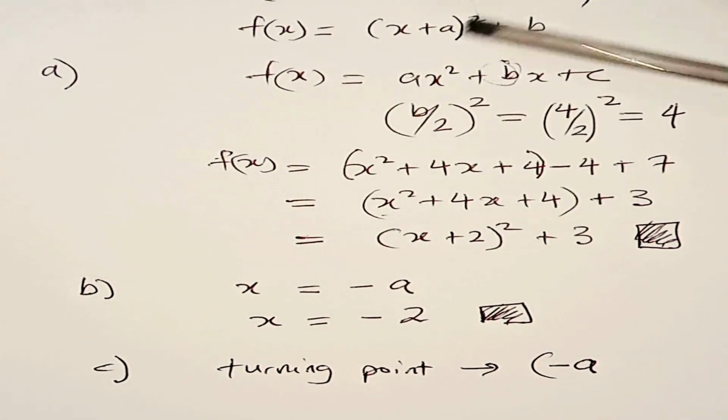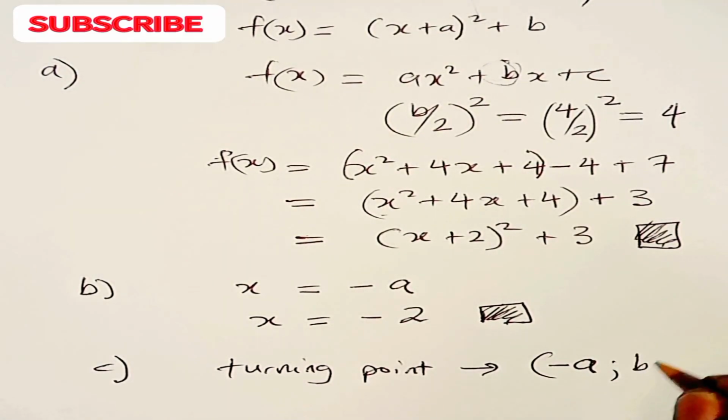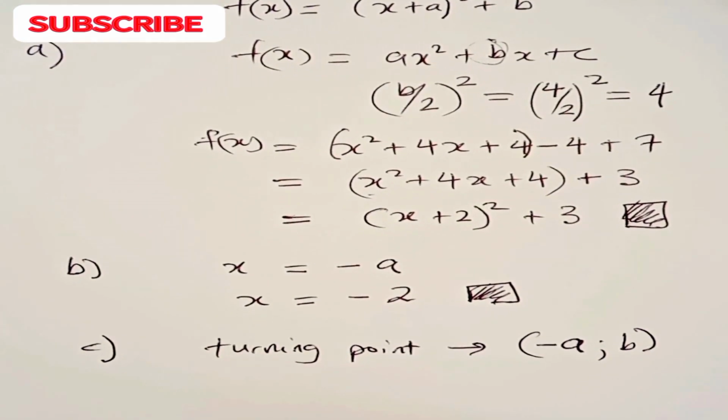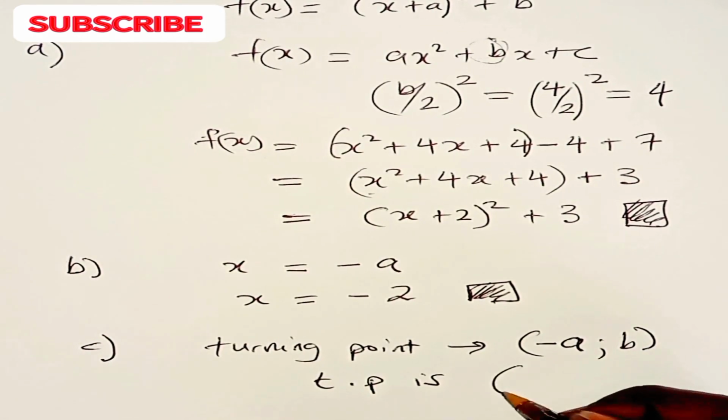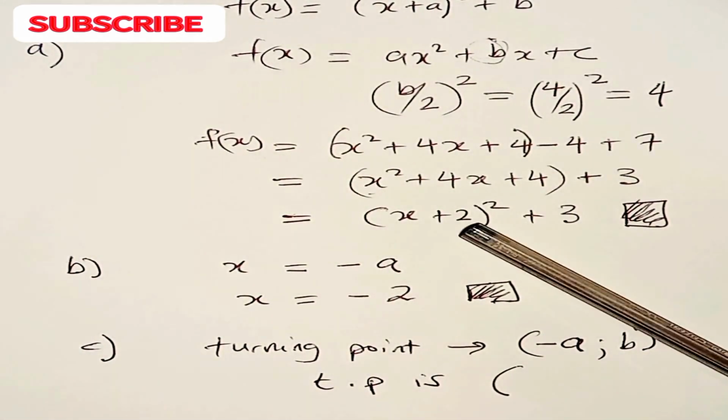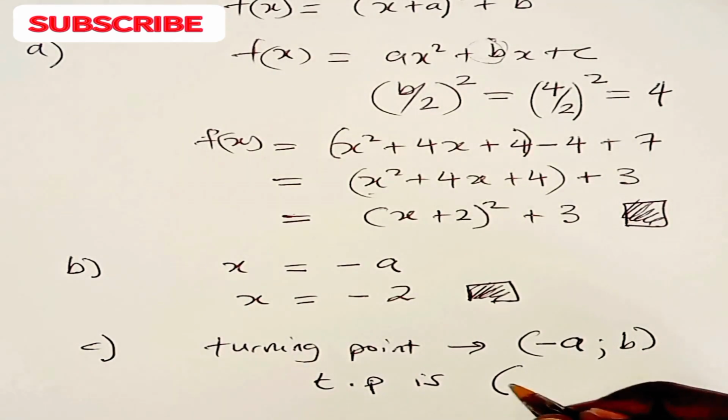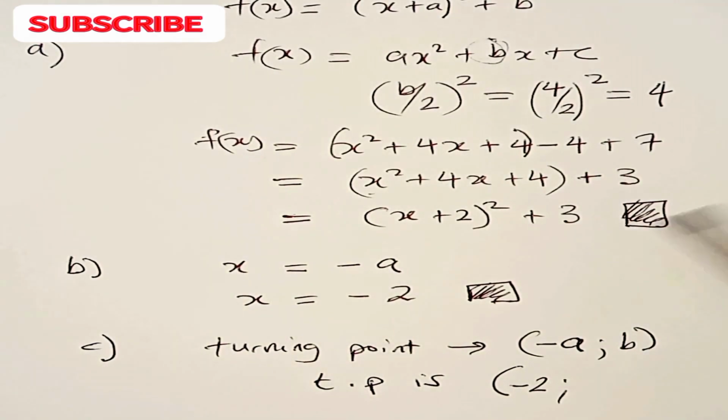I'm referring to that b. Okay, so we say, therefore, the turning point is minus a, which is minus 2, and b is 3. All right, if we compare this and that, then we have 3 on that. So that is the turning point of that graph.